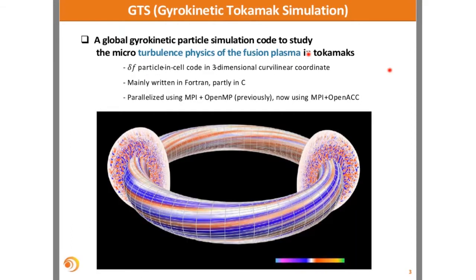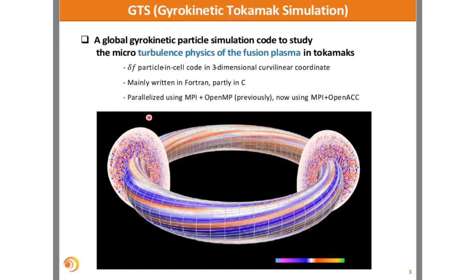So what is the GTS code? The GTS code simulates the microturbulence in the tokamak. This is the tokamak geometry, this is the poloidal plane, and this is the toroidal direction. There is a strong helical magnetic field inside the tokamak, so we have a curved linear coordinate and a field-aligned mesh, like this three-dimensional mesh.